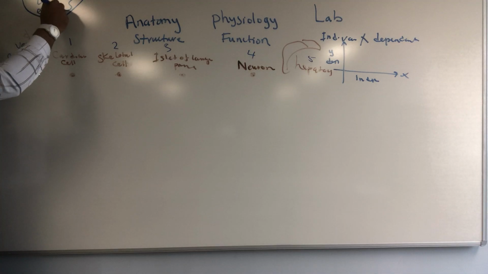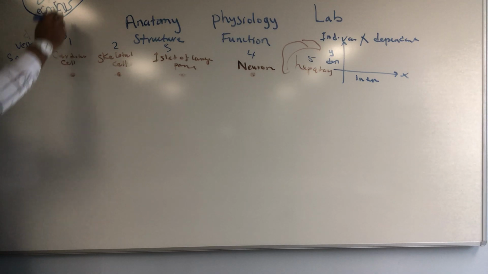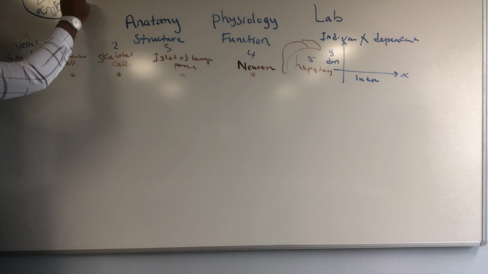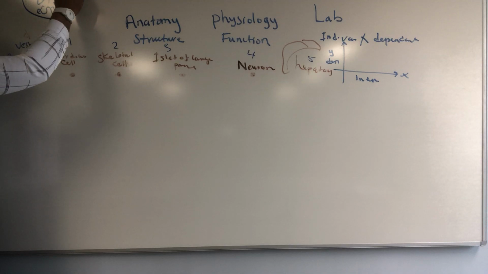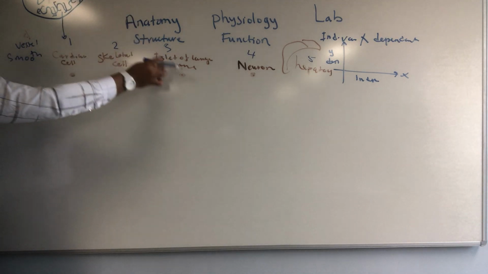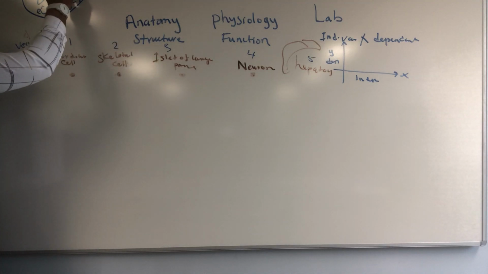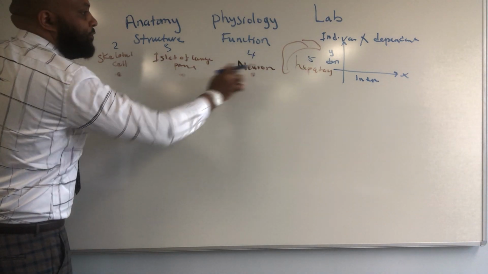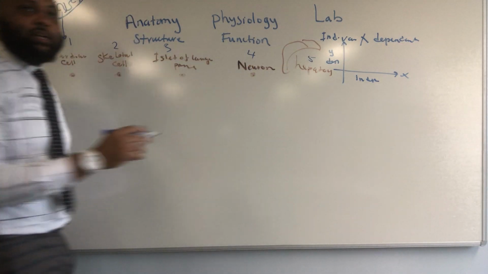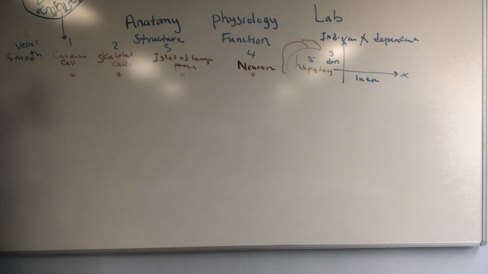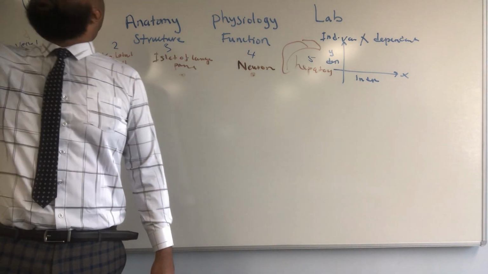If you transcribe this region, for example, you will get a cardiac muscle cell. If you transcribe this region, number 3, you will get a skeletal muscle cell. If you transcribe this region, number 4, you will get a pancreas islet of Langerhans. If you transcribe this region, you will get the neuron. If you transcribe this region, you will get the hepatocyte, and so on. So that shows you, just because the DNA is there, it does not mean all of it is active.